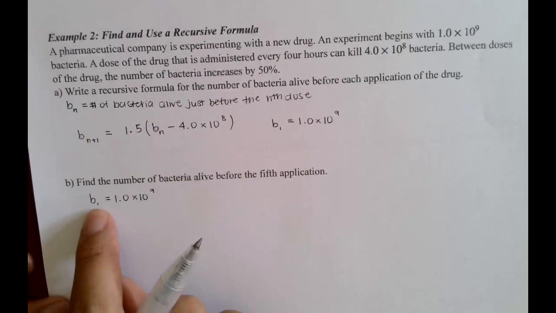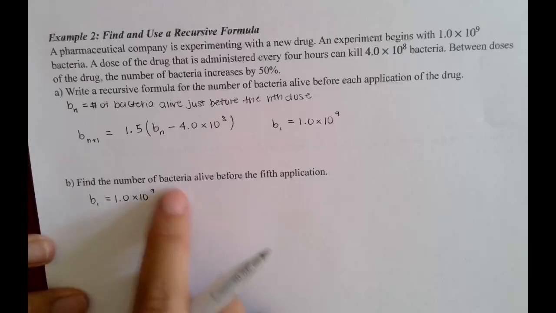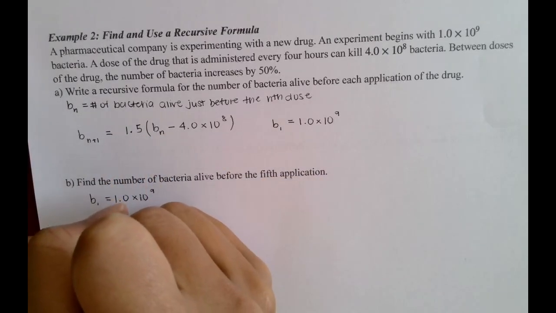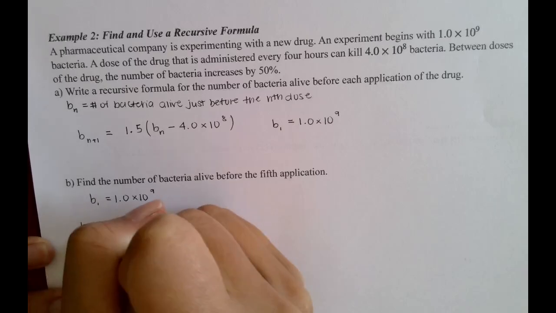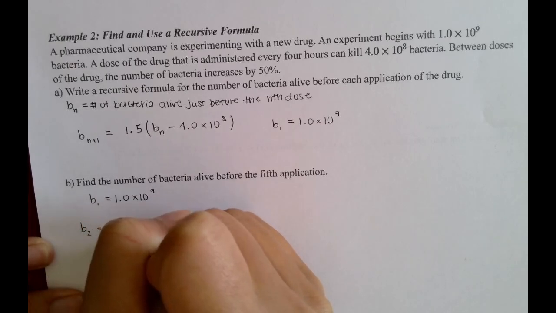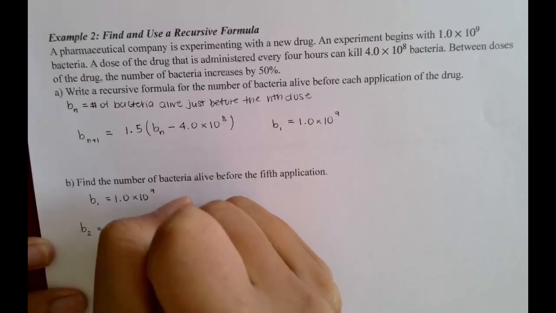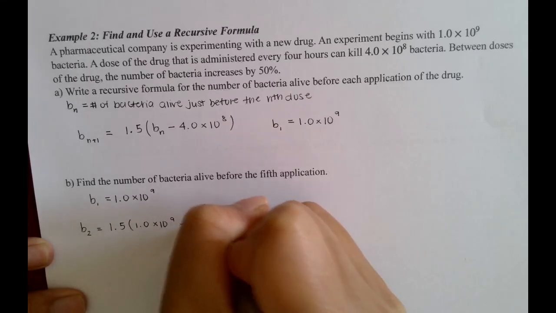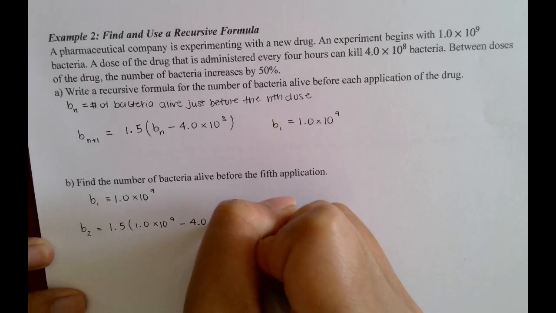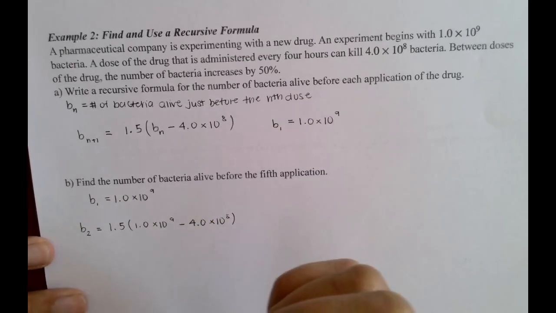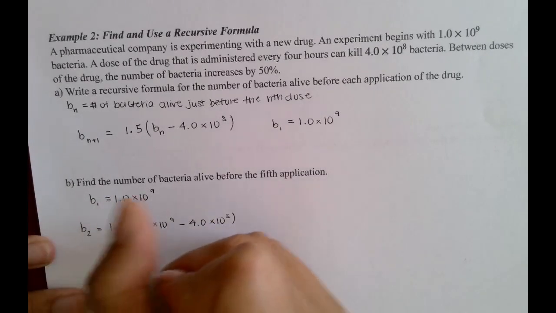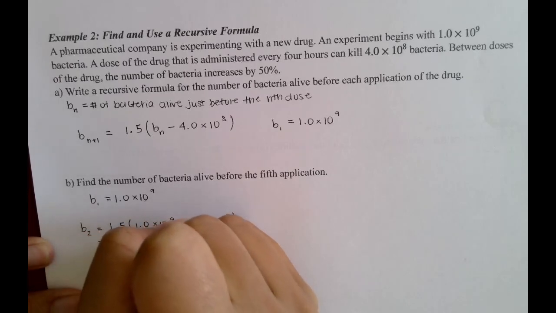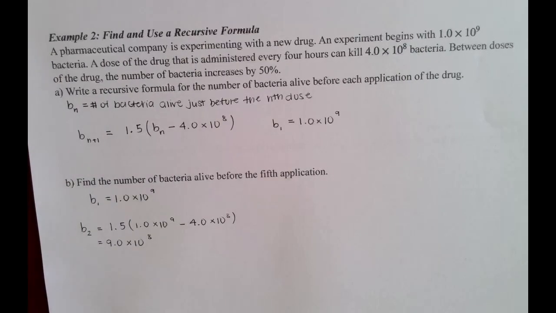So before the first dose, there was this amount. Okay. So then before the second dose, then it will be 1.5 times 1.0 times 10 to the 9th minus 4.0 times 10 to the 8th. Okay. And then that gives us 9.0 times 10 to the 8th.